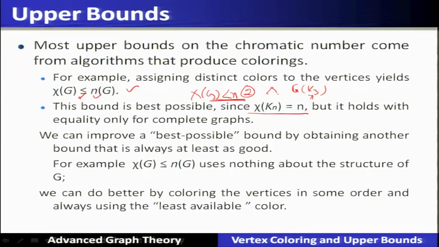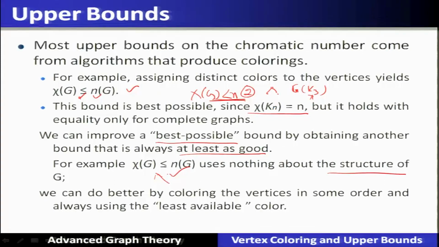but we can improve this best possible bound with another bound that is always at least as good. Why? Because if we say that the upper bound of a chromatic number is Ng, that means we haven't seen inside the structure of that particular graph and we have assumed the structure of a complete graph and we have established a bound. So, if the graph is not a complete graph, then a better bound is to be ascertained.